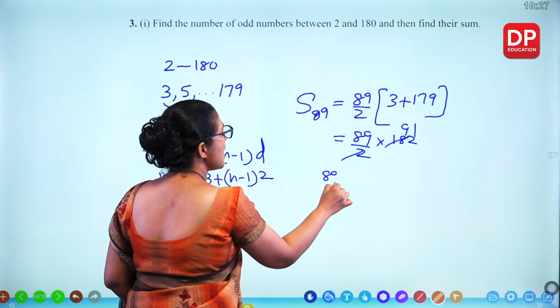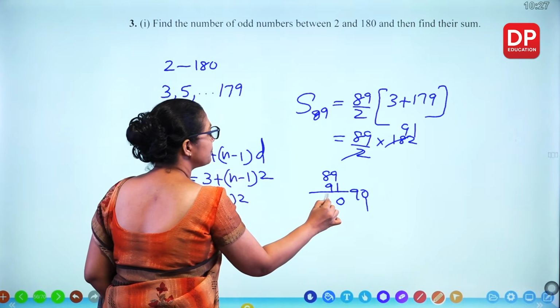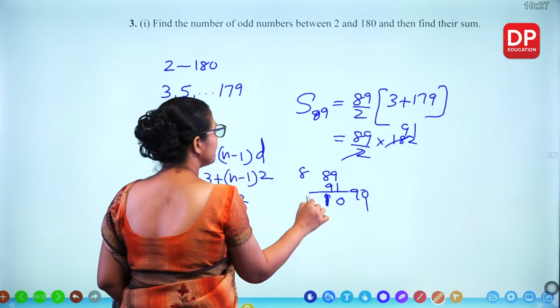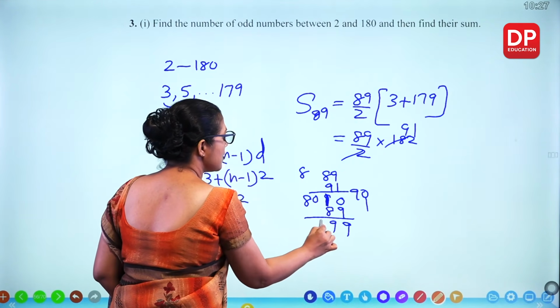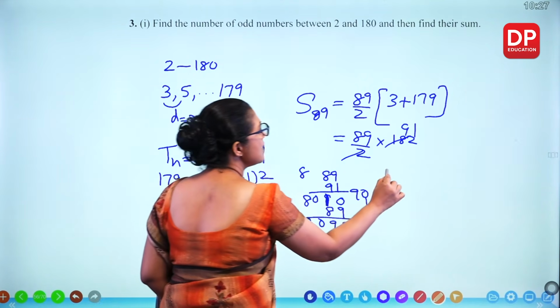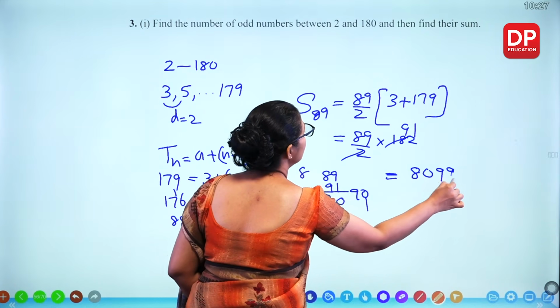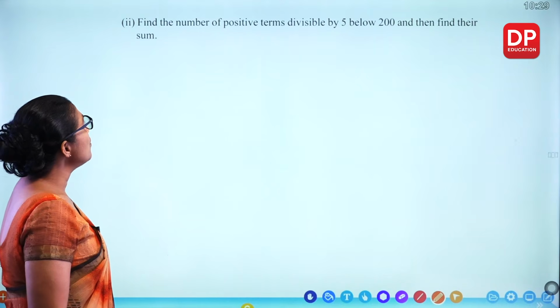So 89 times 91, 90 and 1. So you get 8099 as the sum of the first 89 terms.